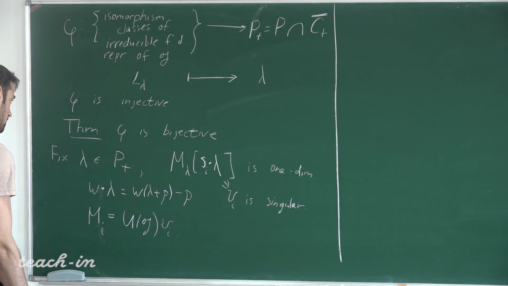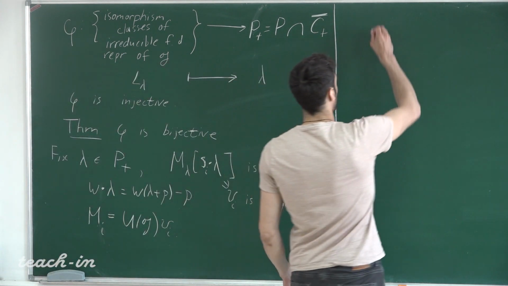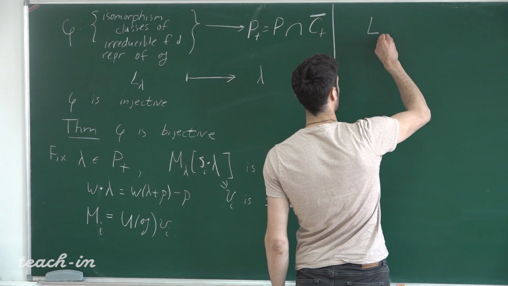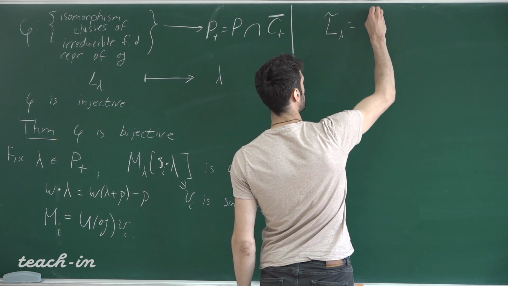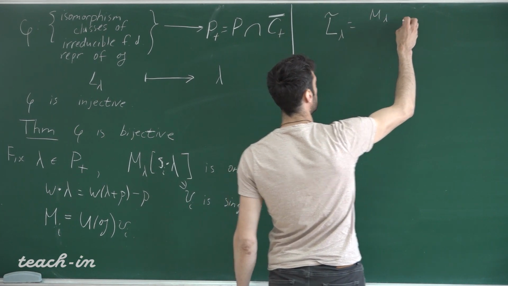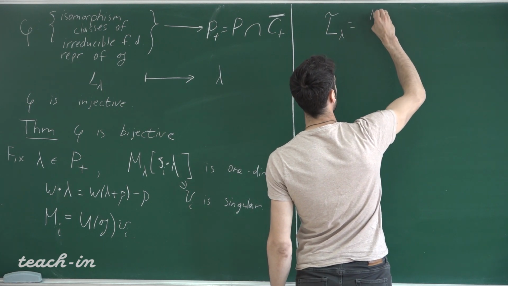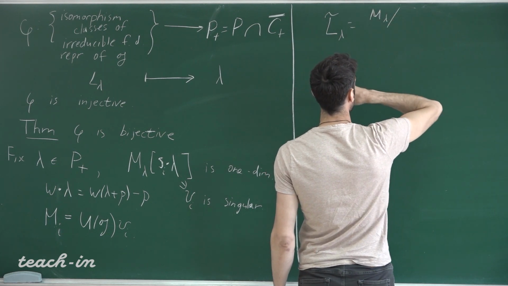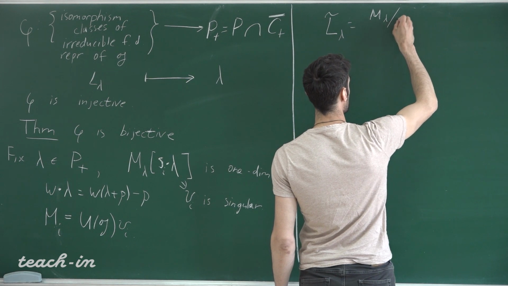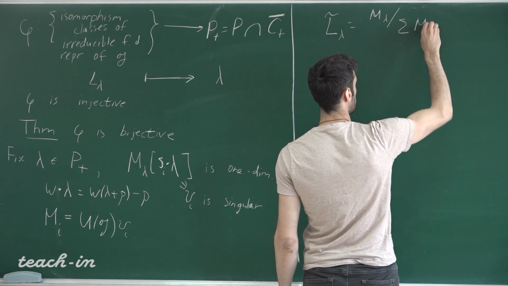Yes. And then we would like to consider the quotient and call it L lambda tilde, the quotient of M lambda by the sum of M_i's.